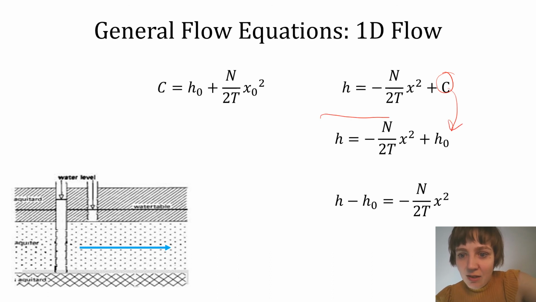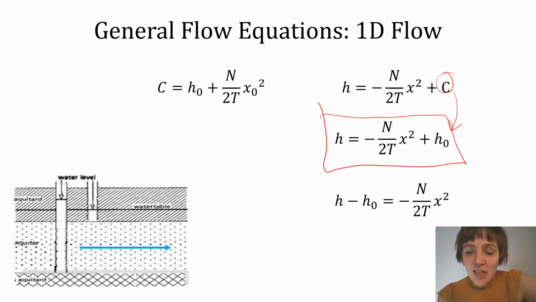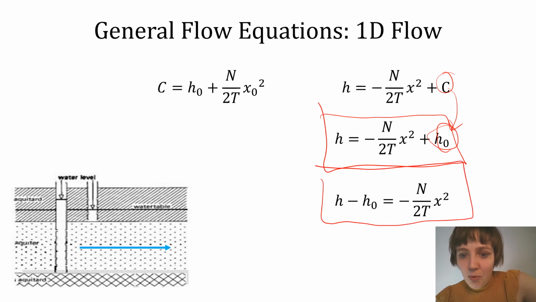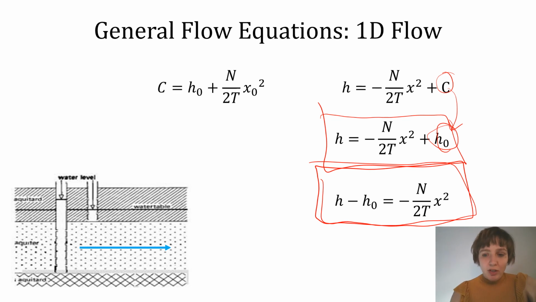So that gives us this equation here. And of course, we can rearrange, bring that hydraulic head over here, and end up with our final useful equation for trying to figure out how hydraulic head changes in relation to steady inflow or outflow in the vertical dimension, and how that relates to the transmissivity of the aquifer.